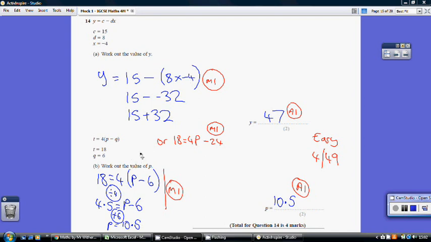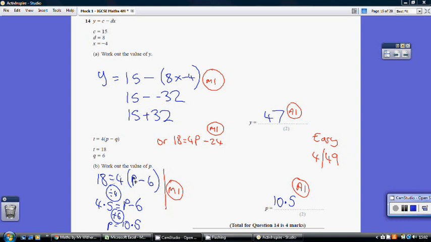Now part B, a bit more going on here because we've got to work out one of the items on the right. So start off the same way. Start off just by substituting in what you know. So we know t is 18, so 18 equals, then the 4, open the brackets, p we don't know, but then we've got to take away q, so we've got to take away 6.